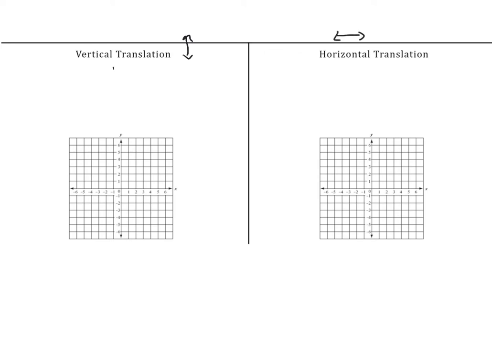So a vertical translation is when you take your function and you add or subtract something at the end. Horizontal translation is we're like shifting the x left or right. So I'm just going to show you how this can be applied to some of those parent functions.